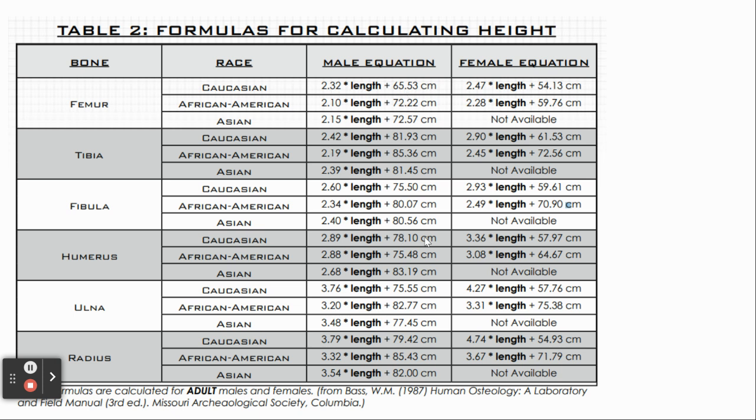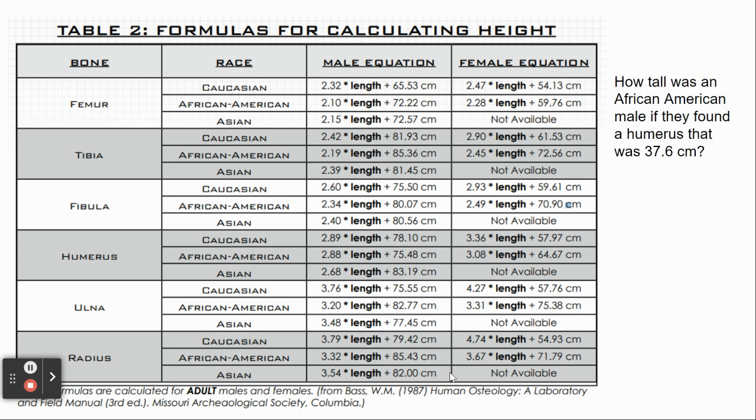The weird thing is, if you look, for whatever reason, when this table was put together, and again, it's older, there's no information available for Asian females for each of the different bones. And why that is, I don't know. Whether Dr. Bass didn't have enough or didn't have any individuals that are of Asian descent that he used. I couldn't answer that question. But who knows? That could be a possibility.